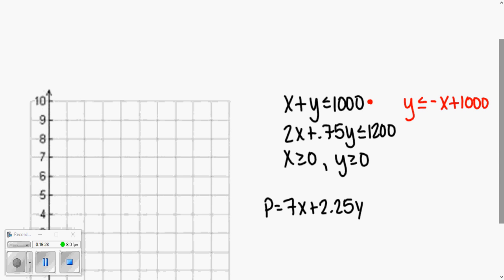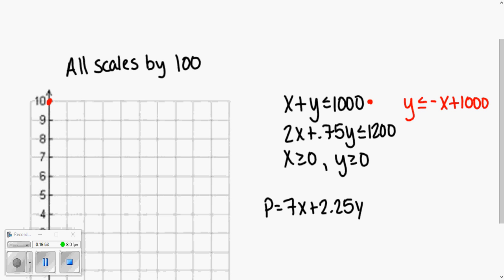At this point, these numbers are huge, so I'm going to play a trick and say, instead of going by ones, because my graph only goes up to 10, that all scales by 100. So if I wanted to go to 1,000, I have to go all the way up to 10.